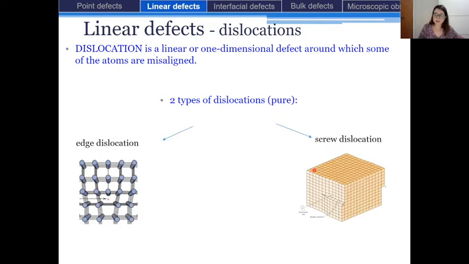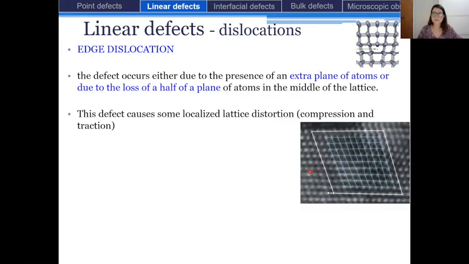So there are two types of dislocations, the edge dislocation and the screw dislocation. First, let's focus on the edge dislocation. This defect occurs due to the presence of an extra plane of atoms. As you can see in this representation, we have normal planes of atoms, this one, and this one, and that one, okay?